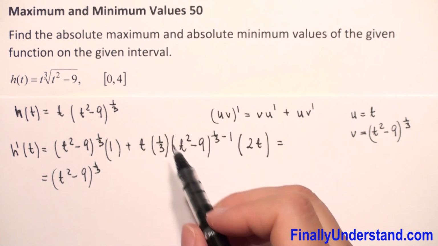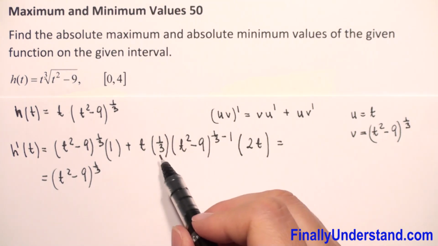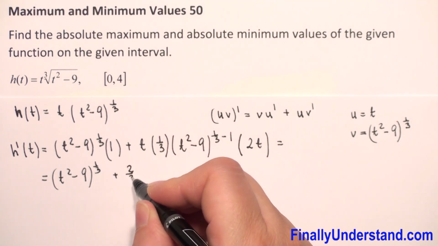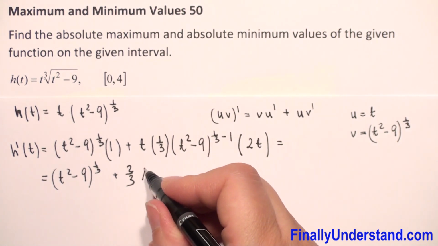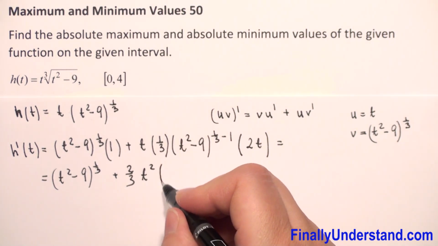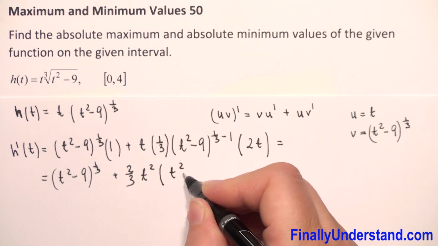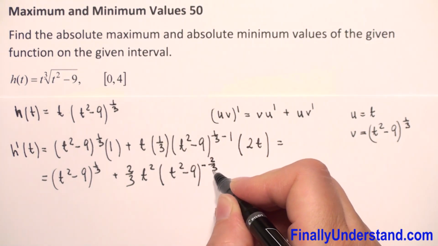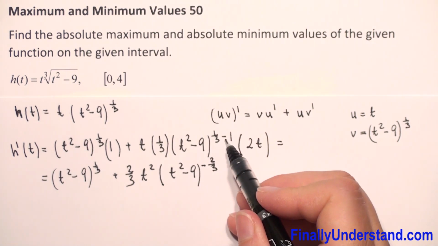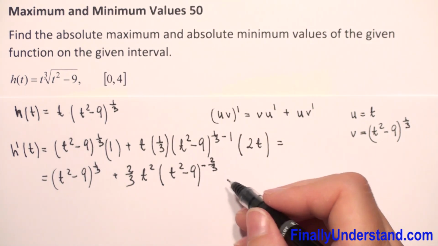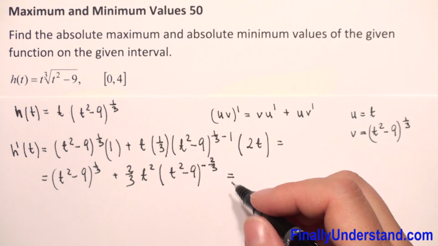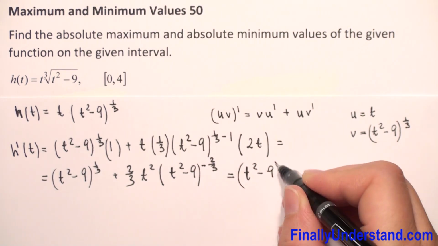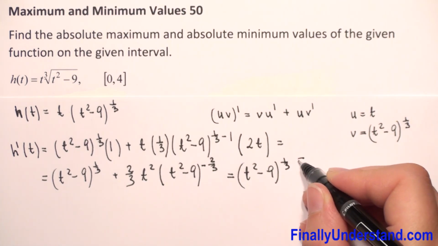And here we have t times 2t, and 1/3 times 2 is 2/3 times t squared times t squared minus 9 to the power negative 2 over 3, because 1/3 minus 1 is negative 2 over 3.